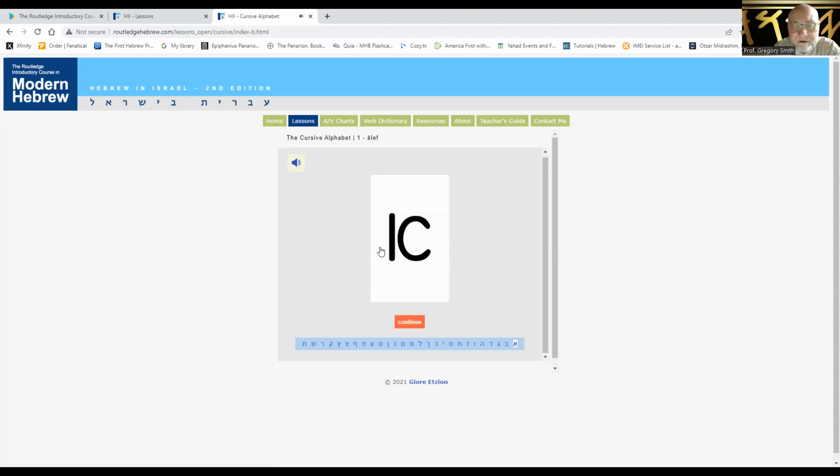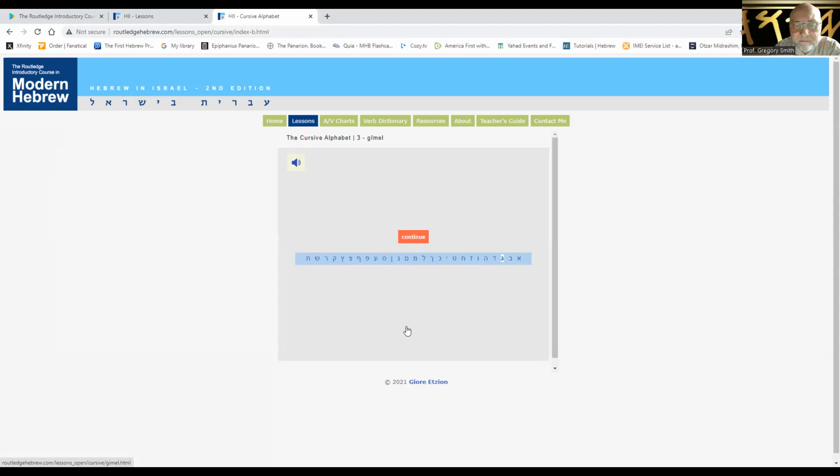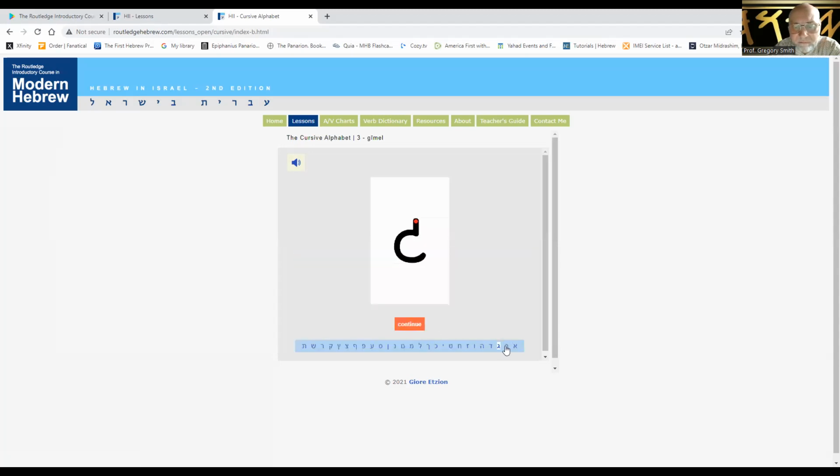Aleph. Okay, so there's aleph. Look at how that aleph looks. Now here's a bet. Okay, so that's a bet.